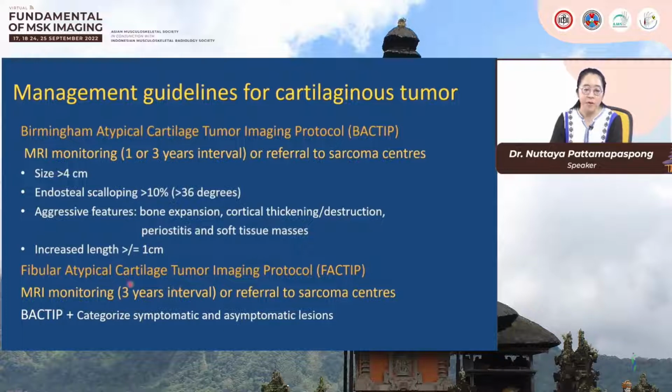And for the guideline that modified for fibular lesion, because fibula tends to have more endosteal scalloping, the interval of follow-up can be not as often as the lesion in tibia, and it integrates symptom in the algorithm.